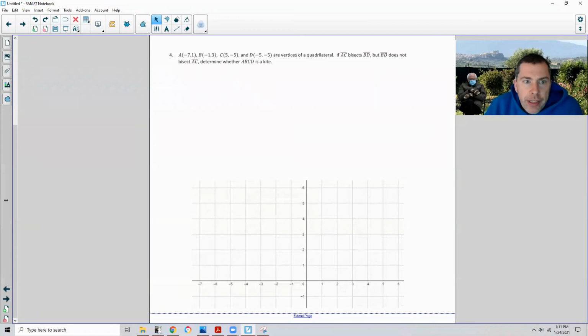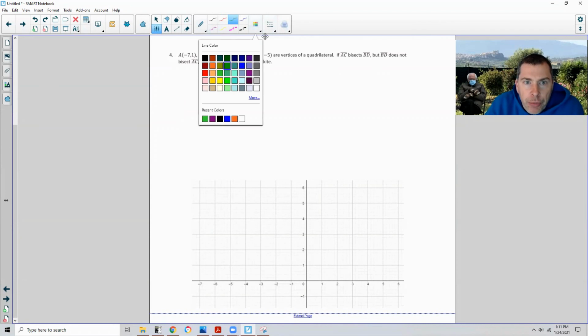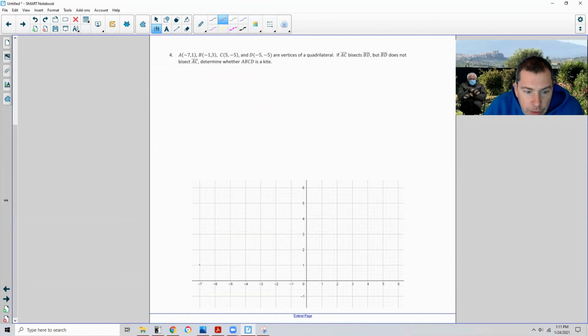Okay, so number 4 says we have a point A, -7, 1, and I'm just going to plot these just to have a reference as we're doing this. So A is -7, 1, which is here, A. B is -1, 3, right here. C is 5, -5. Oops, I didn't go down far enough.